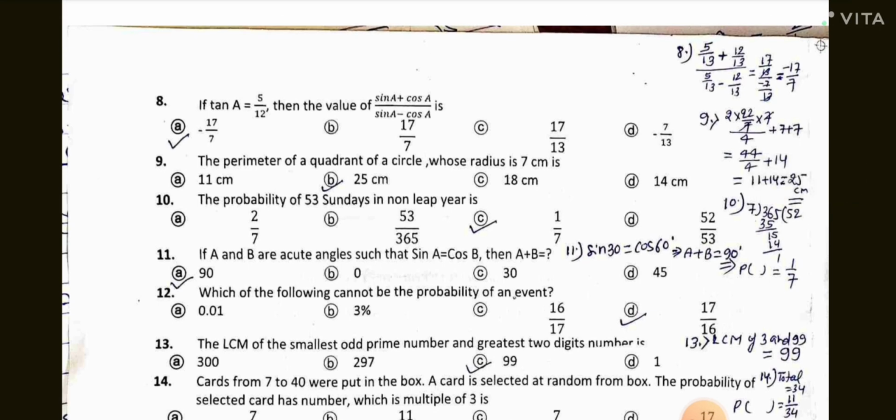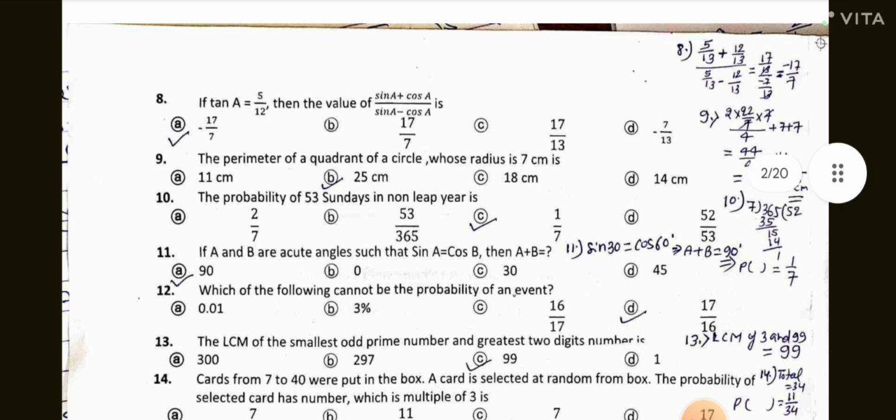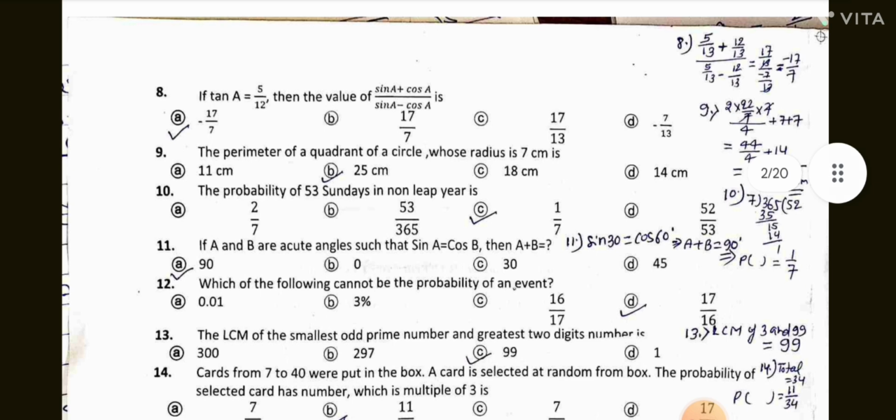The quadrant of a circle is a closed figure formed by the arc and 2 radii. So 2 radii means 7 plus 7, 14, and 11 plus 14 is 25 centimeters. So the right option is B, 25 centimeters.